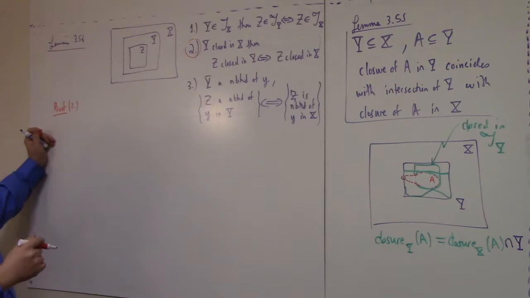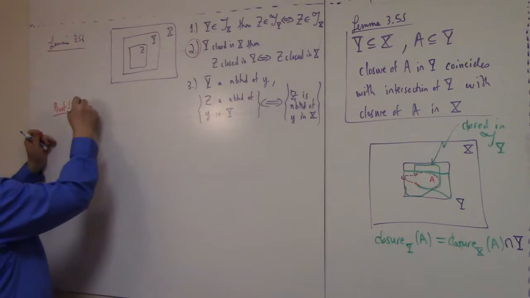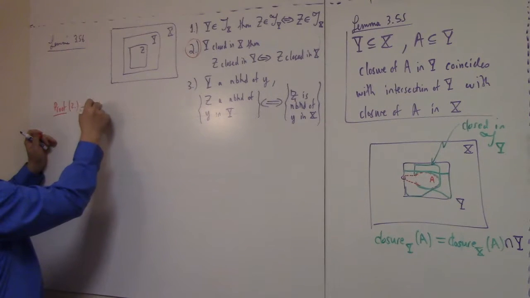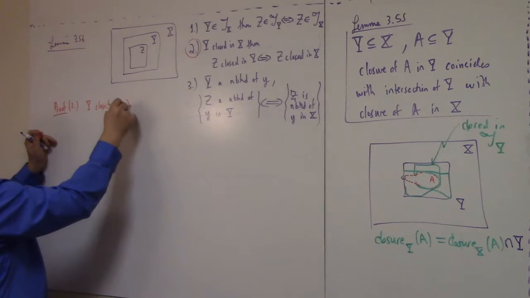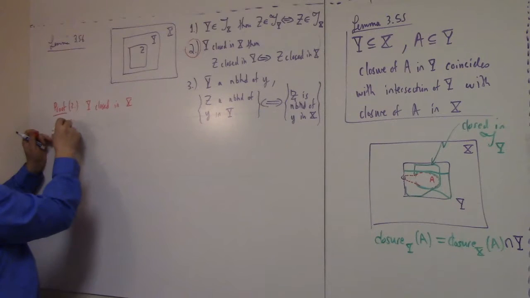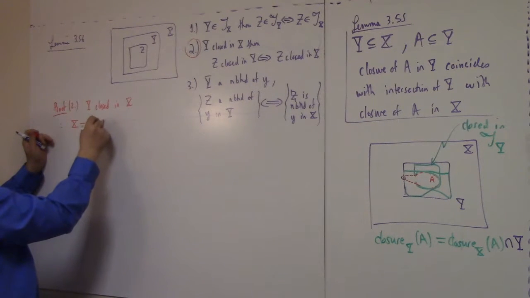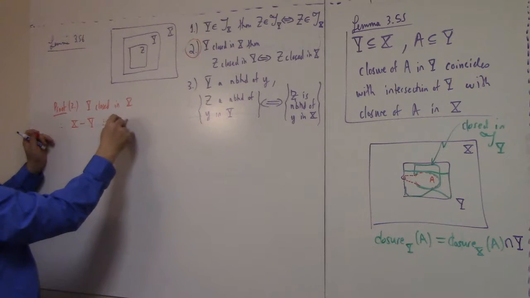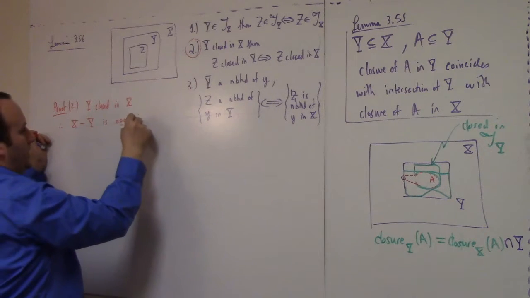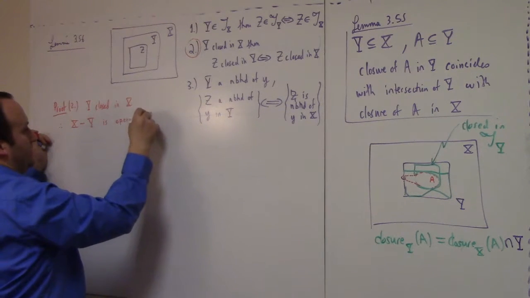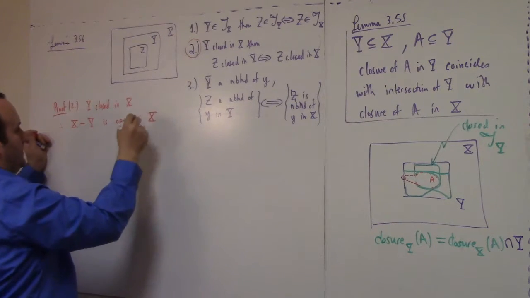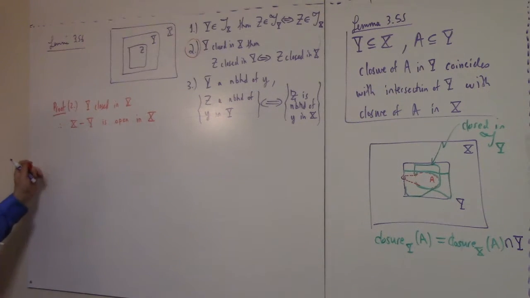So Y is closed in X. So what do we get if Y is closed in X? That means X with Y removed is open in X, right? So what does that mean?